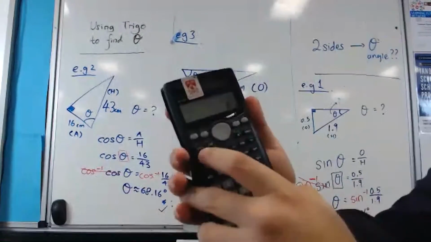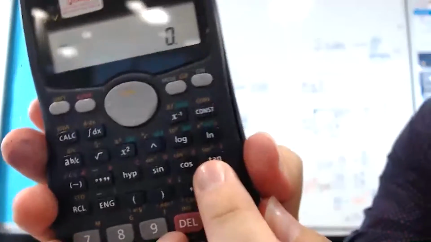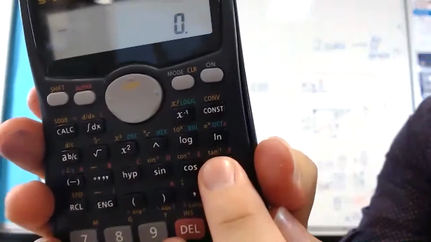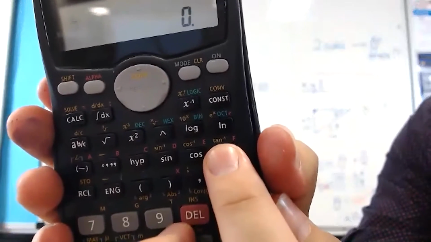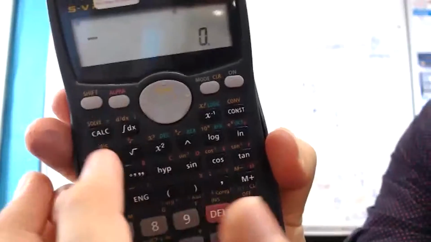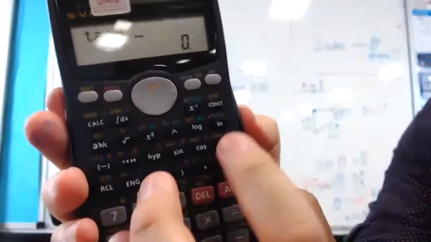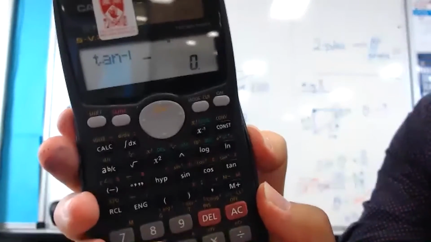Now, so we will continue here. If you have a look at tan there, as you can see, you can see an arc tan above. So if you see an arc tan above, all you need to do is press shift and then press tan, and then you see arc tan comes up.